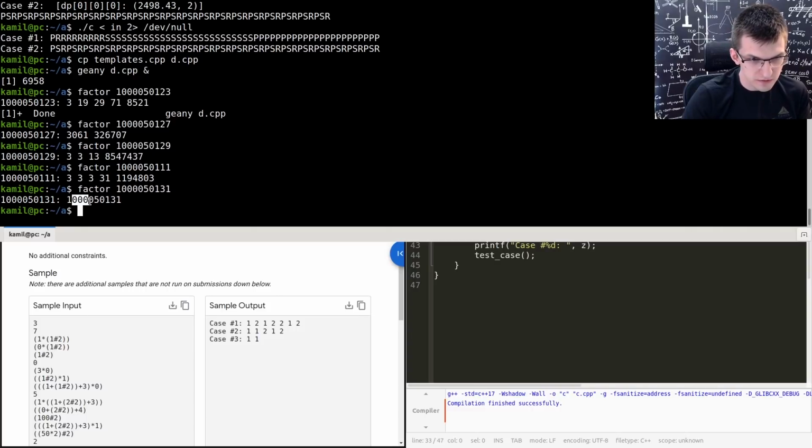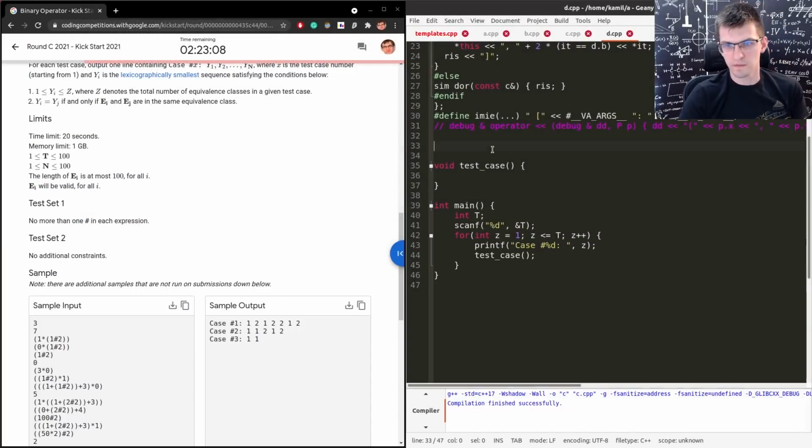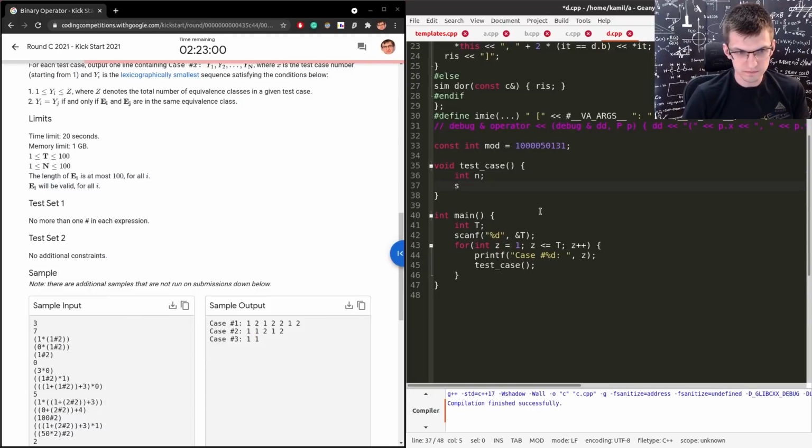This is good. Everything will be computed modulo that. Now for every test case, we read n, and then what? We read strings.